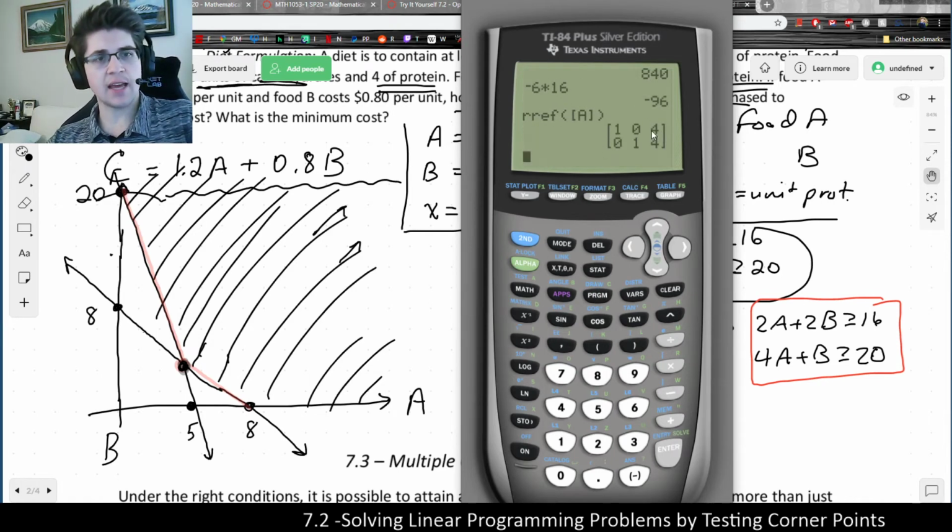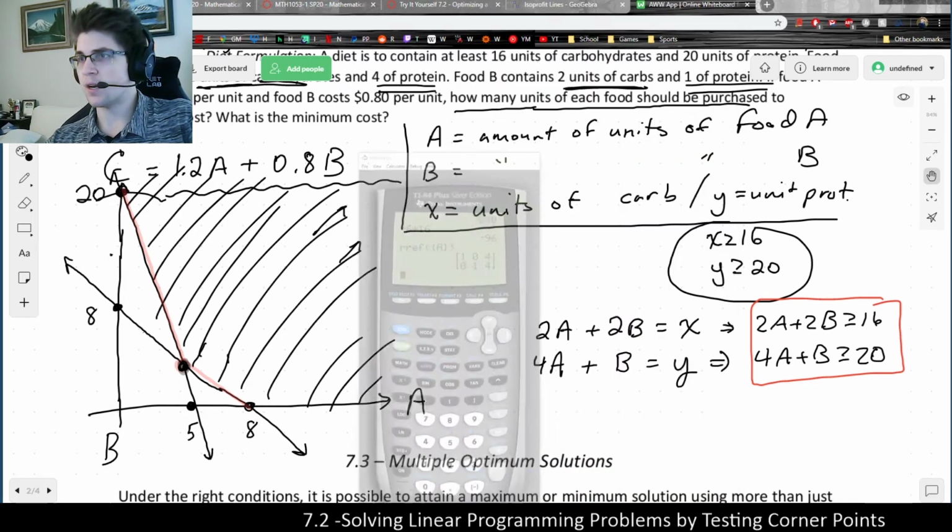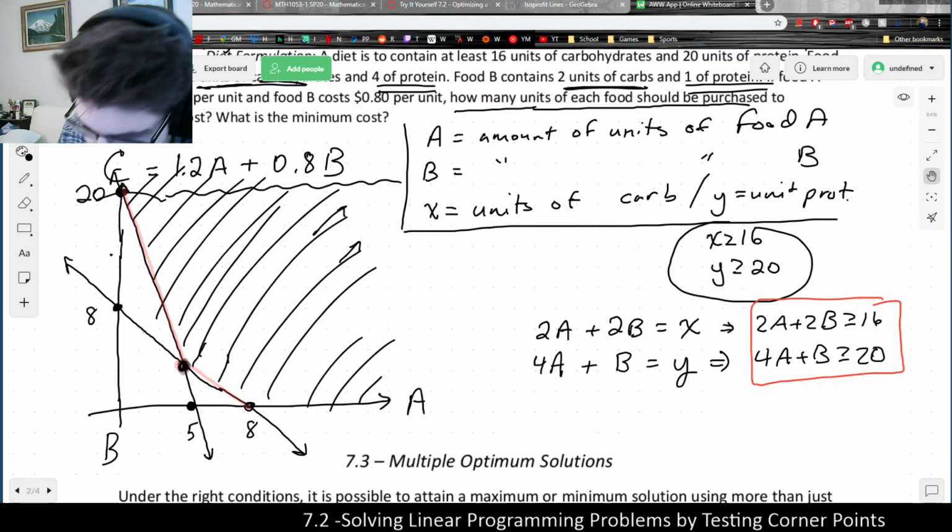And it turns out that A will be equal to 4 and B will be equal to 4 as this overlapping point. So basically this point right here is 4, 4. Actually, let's use another color because it is hard to see. Something weird is going on.